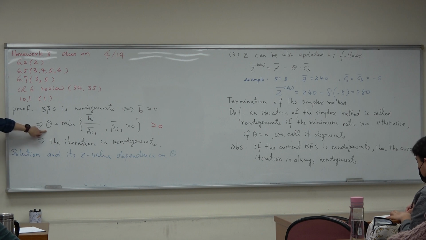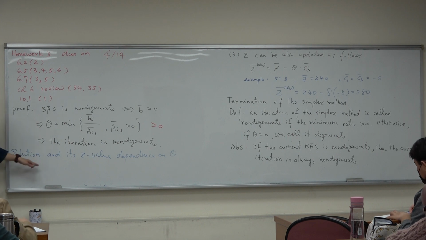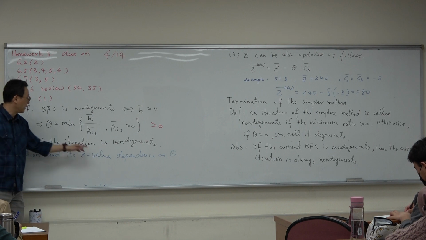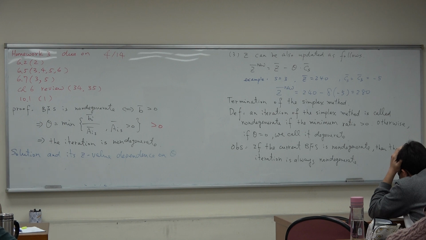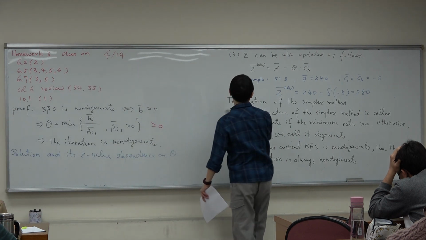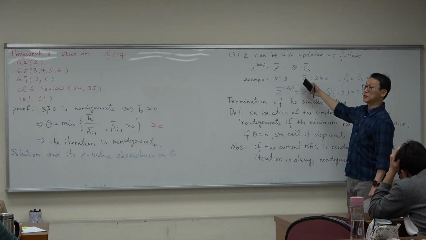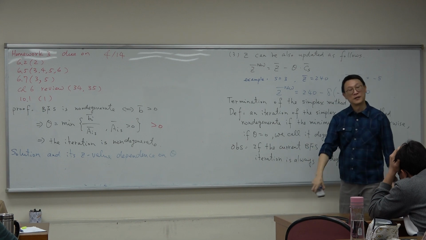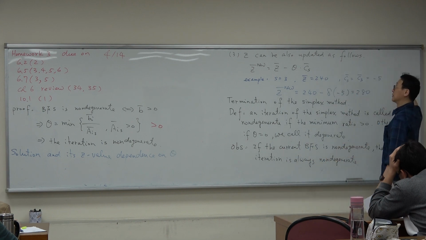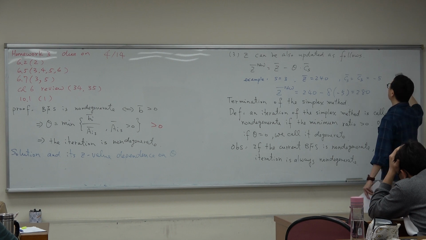Check the previous update formula: when we update the right hand side and the z value, we need theta. So once theta is greater than 0, we have a new B bar and z, and the z value increases. Once theta is greater than 0, we have a greater z bar new.